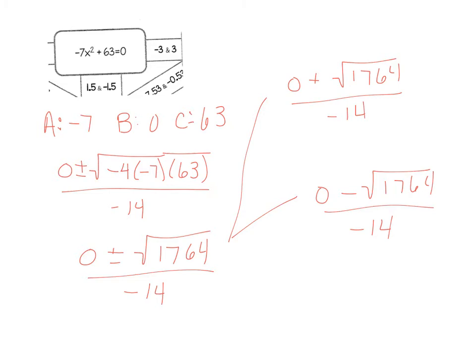So I'm going to go square root. So the square root of 1764 is 42. So I'm going to have 0 plus 42 is 42 divided by -14 is going to give me -3.